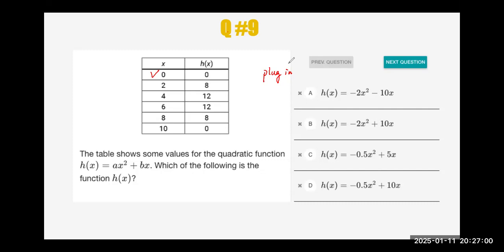And then I just checked B. So negative 2 times 2 squared, which is also negative 8. This time it's plus 20, which is 12, but it's not 8, so that's also wrong.